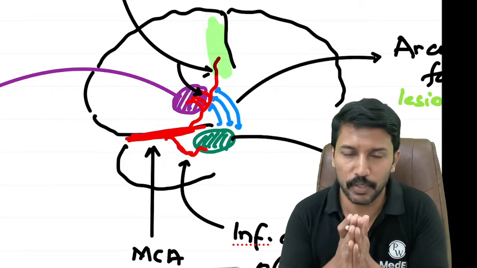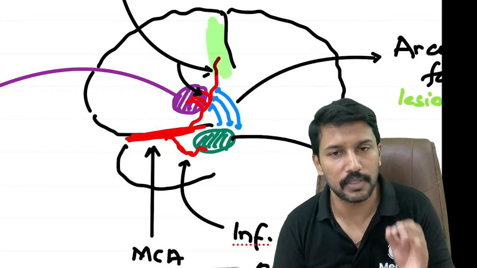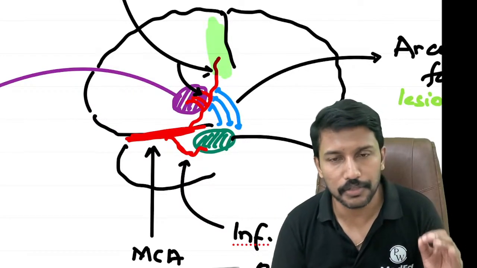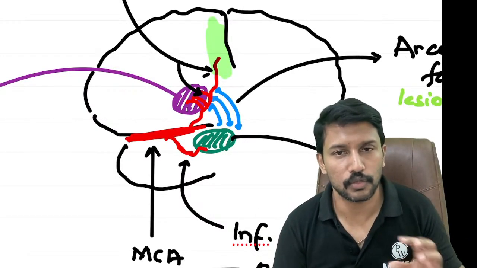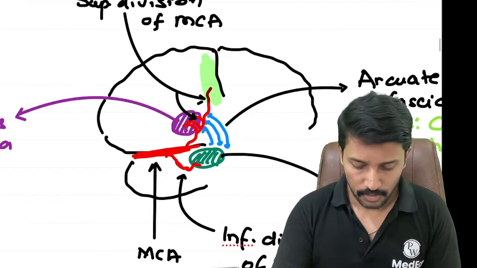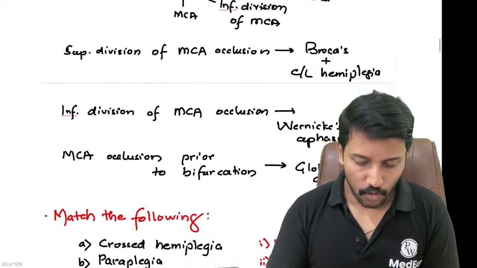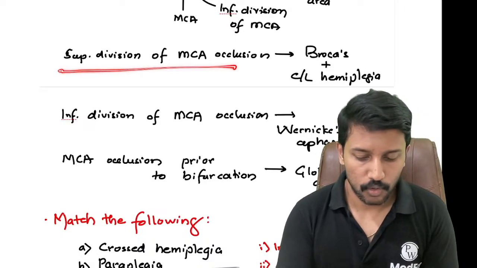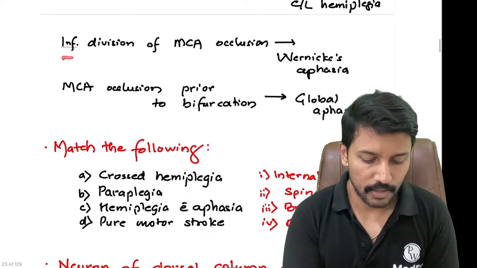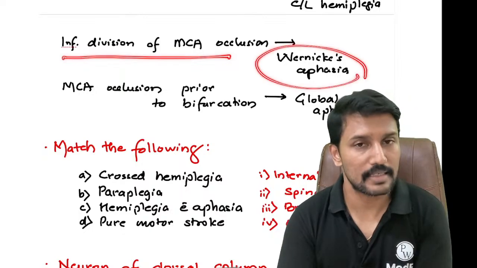So in simple words, inferior division MCA occlusion only leads to Wernicke's aphasia. Blockage of the superior division of MCA leads to Broca's aphasia plus hemiplegia. So that kind of question they often ask, right? Superior division MCA occlusion leads to Broca's aphasia and contralateral hemiplegia. Inferior division of MCA occlusion leads to Wernicke's aphasia.